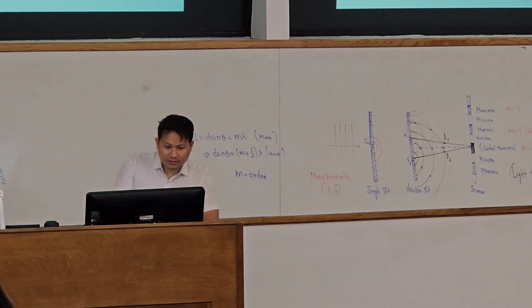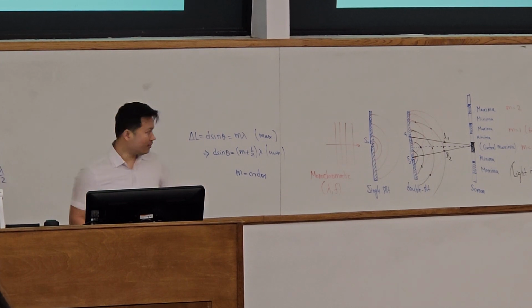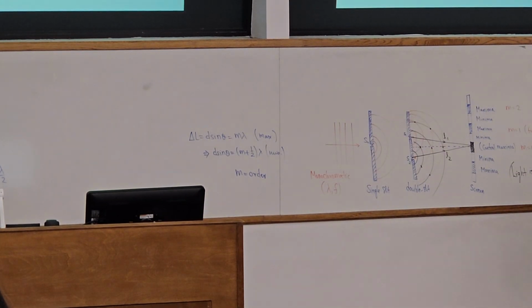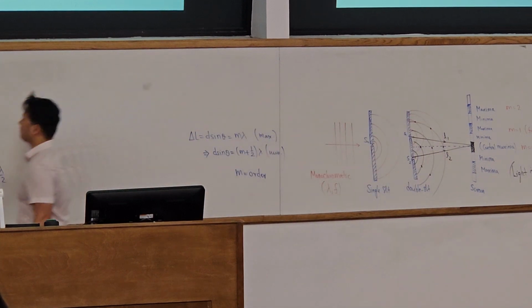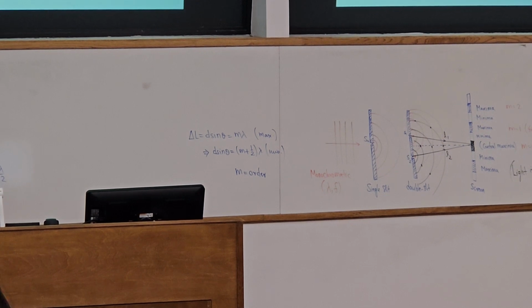According to this problem, suppose you pass light from a helium neon laser through two slits. I can keep this one over here and just solve on the other side. You have light passing through the double slit, and the light is laser light.